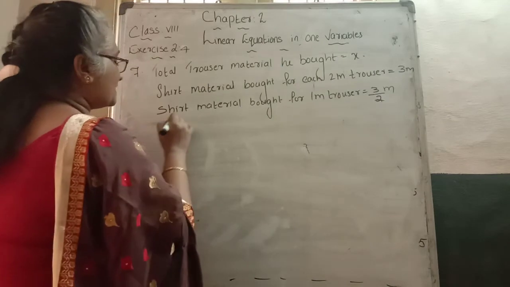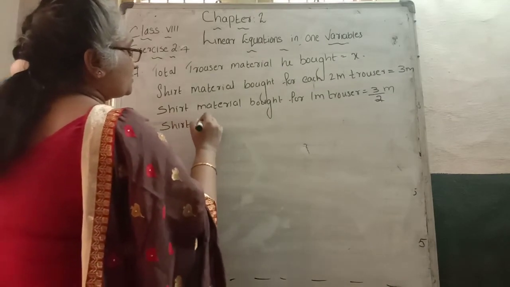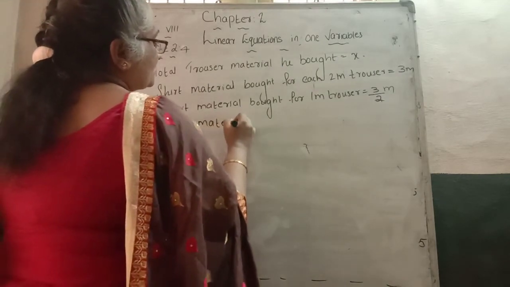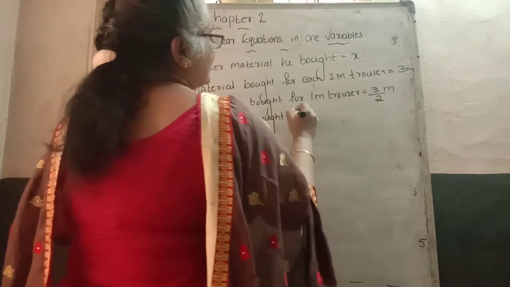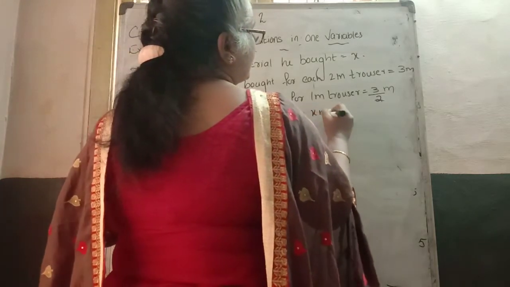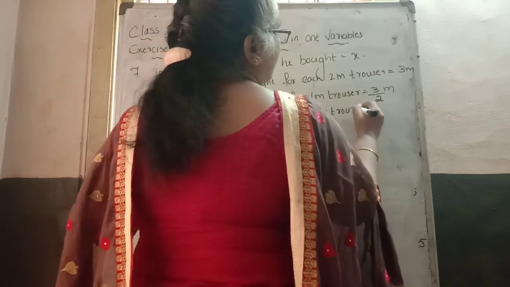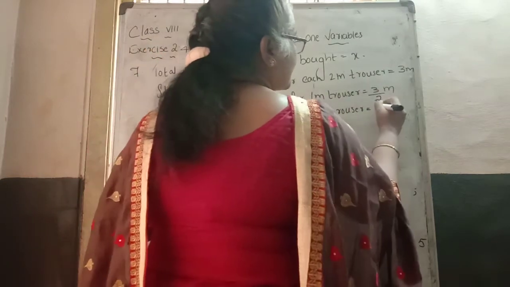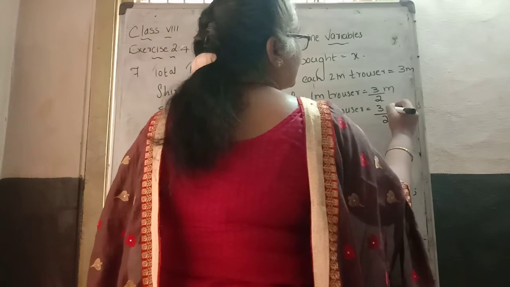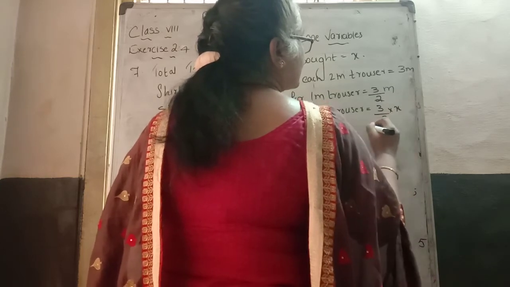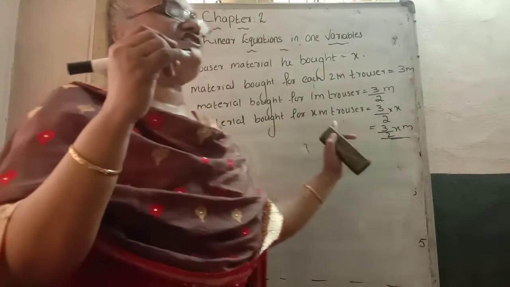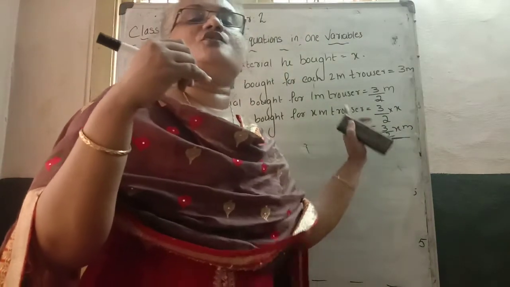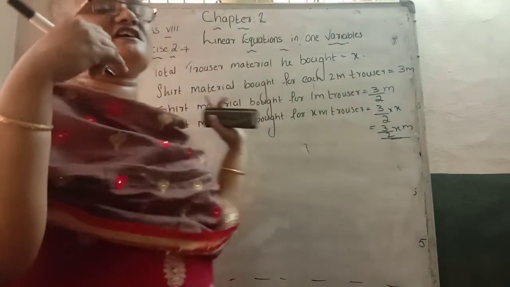So the shirt material bought for x meters of trouser is 1 meter of shirt multiplied by x, that means 3 by 2 x meters is the total shirt material bought for x meters of trouser.